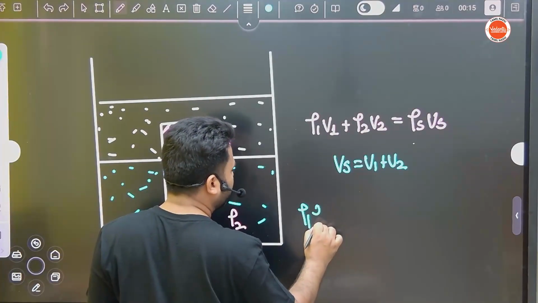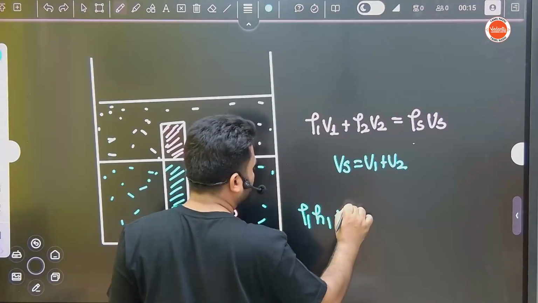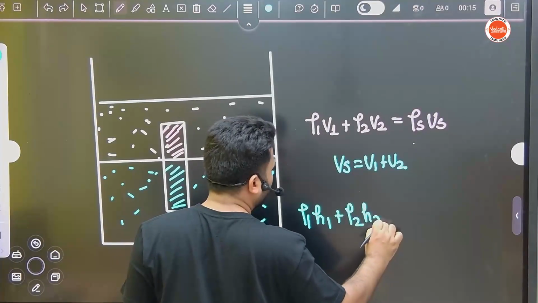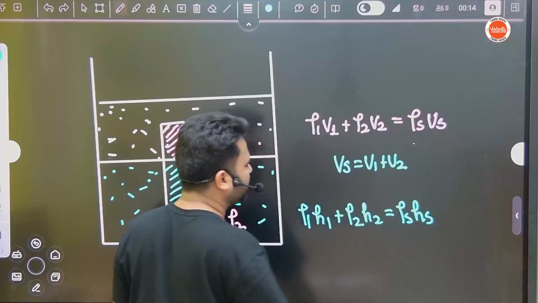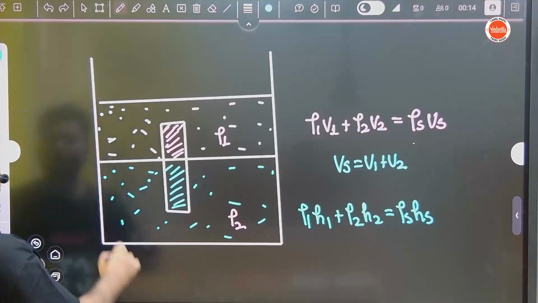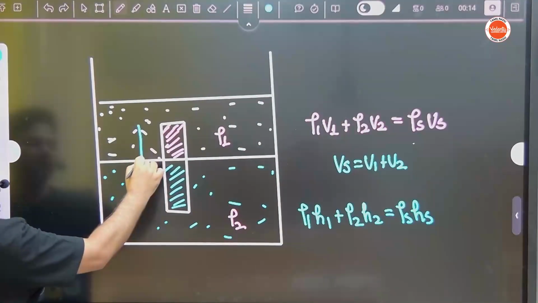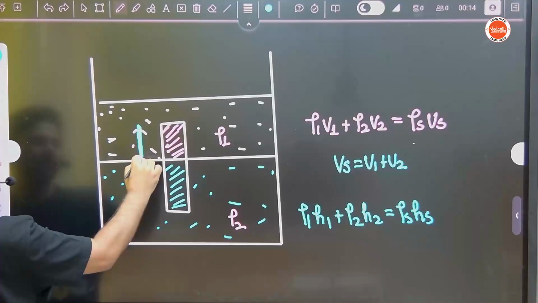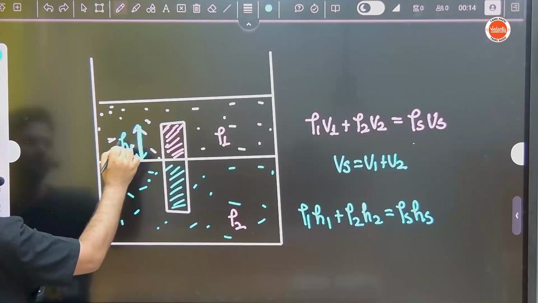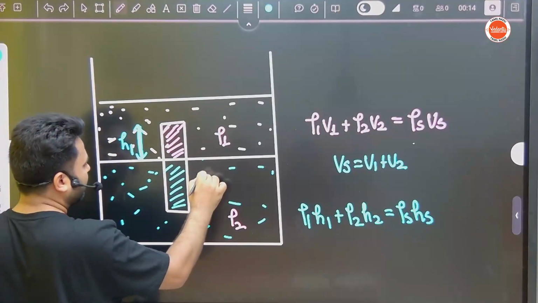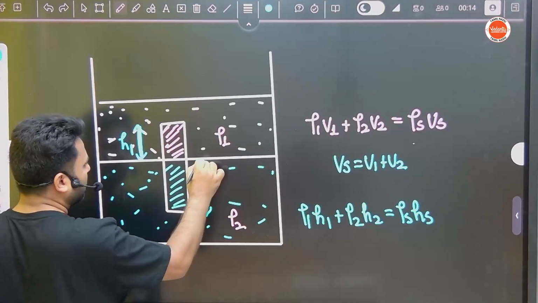So we can write: rho 1 H1 plus rho 2 H2 equals rho S HS. What is H1? The height of the object which is inside liquid 1. H2 is the height of the object which is inside liquid 2.